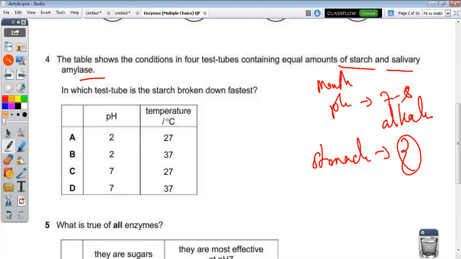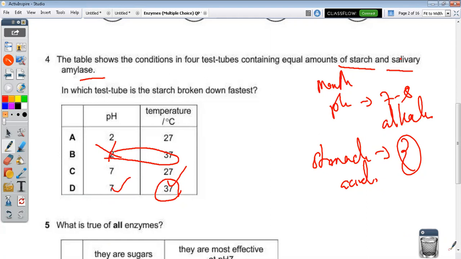That's where you get a pH of 2. Clear. It's the only region that is acidic. So you see, most of you were saying this answer. This becomes wrong, because of the wrong pH. Salivary amylase works in alkaline conditions, and the human enzymes work best at 37 to 38. Clear?